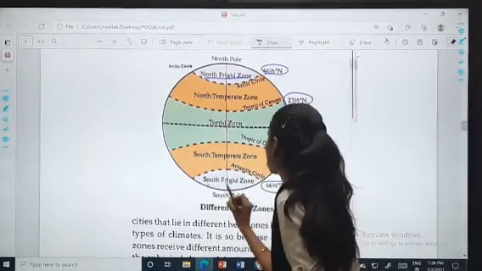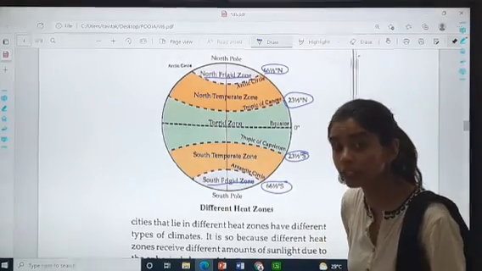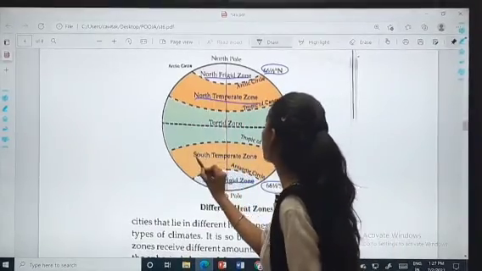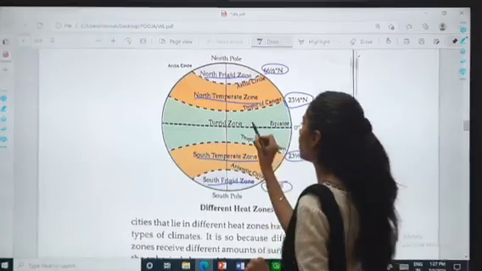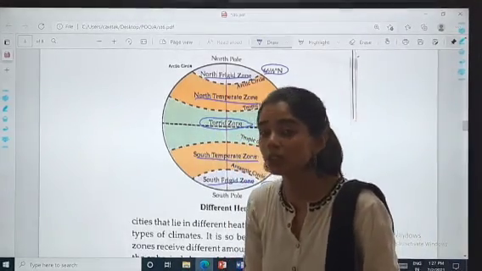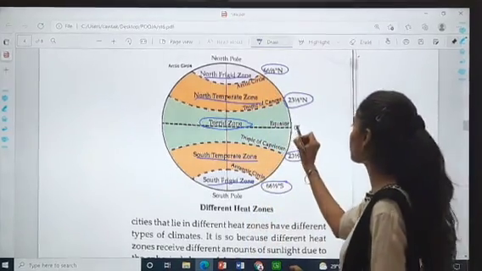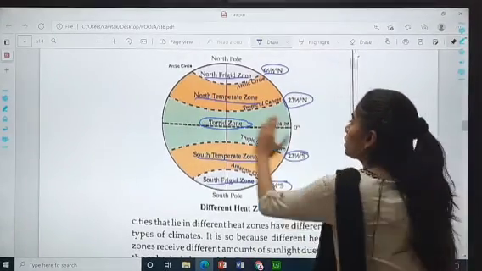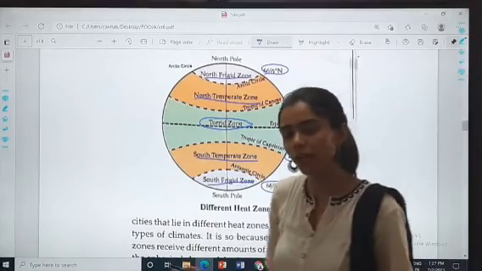Then this is your South Frigid Zone. Then we discussed the Temperate Zone also. They are divided into two: North Temperate Zone and South Temperate Zone. And the Torrid Zone is right at the center. So how's the weather over there? It is extremely hot because it receives direct sunlight. Is it clear?